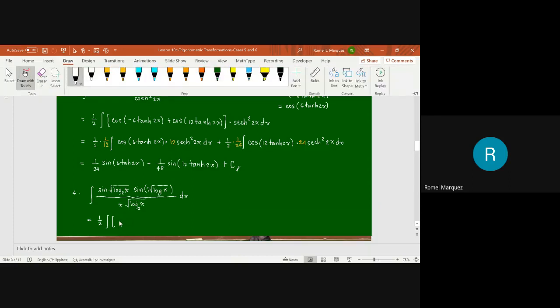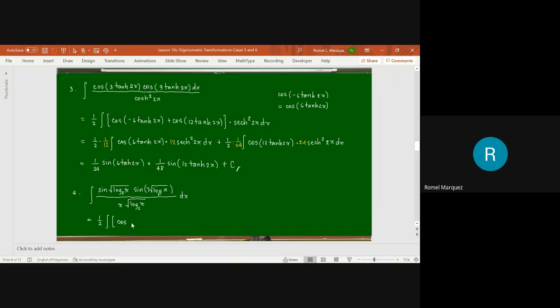So this is 1/2 cosine of, get the difference, negative 6 square root of log to the base 2 of x, minus, get the sum, cosine of 8 square root of log of x to the base 2. Quantity.